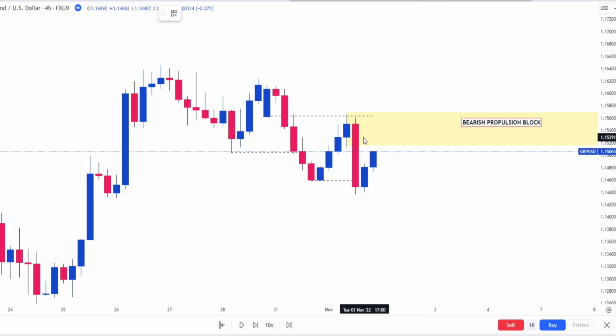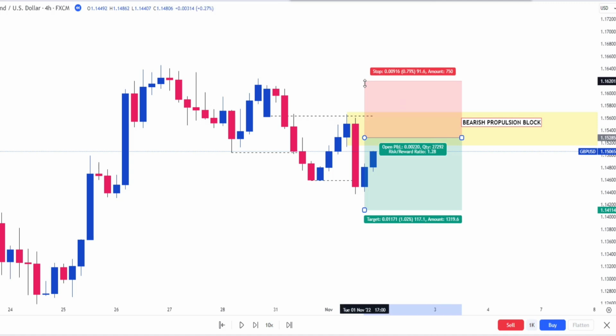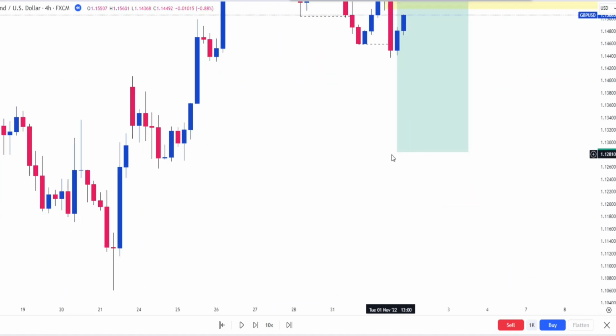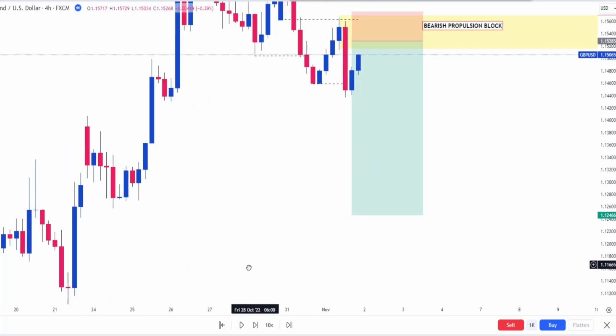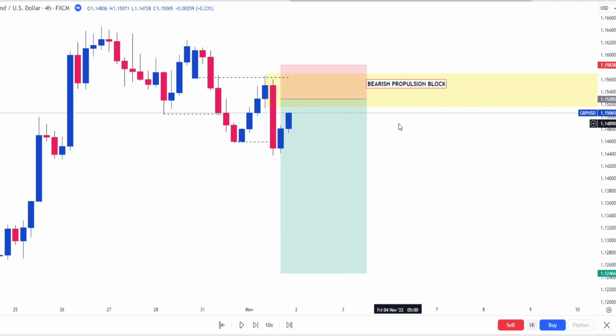If it is me, I'm going to take the trade right here. I want to put my stop loss just above here, and my target is obviously the draw on liquidity here, relative equal lows. Then I can make it bigger. So let me just increase my stop loss a bit.